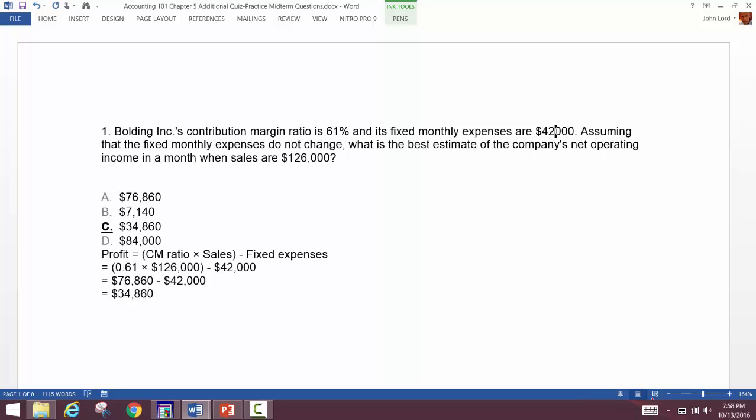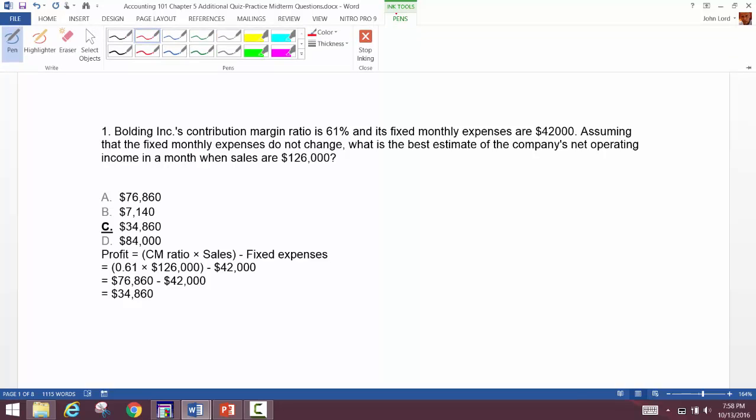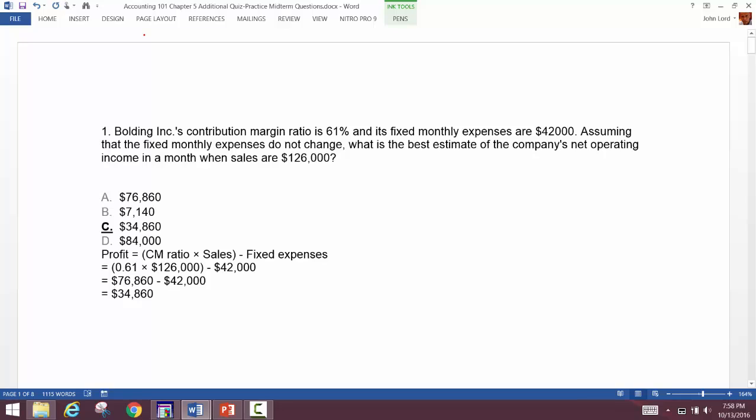Okay. All right, good. So let's go ahead and go through these questions and then we'll get out of here. So what's going to happen? We're sitting here and they tell us that we have 42,000 of fixed expenses, and they tell me that my contribution margin ratio is 61%.